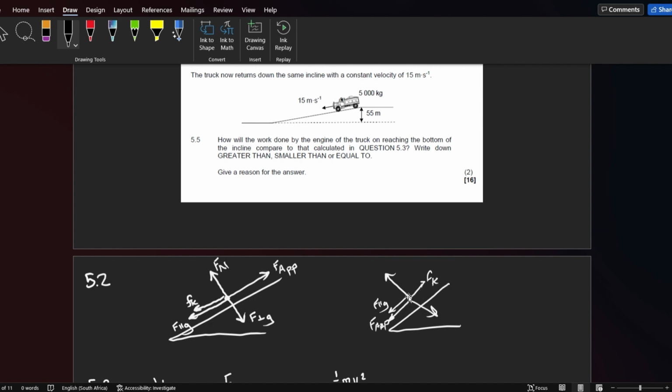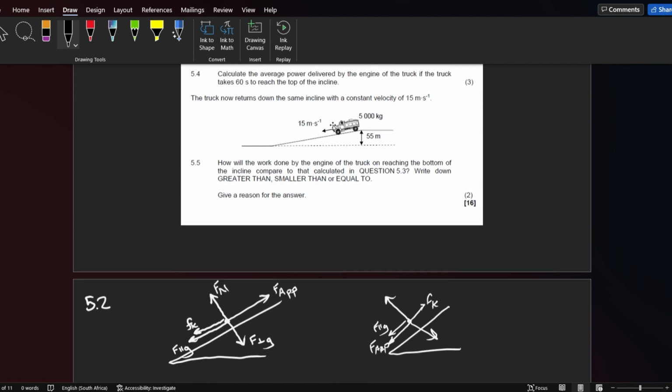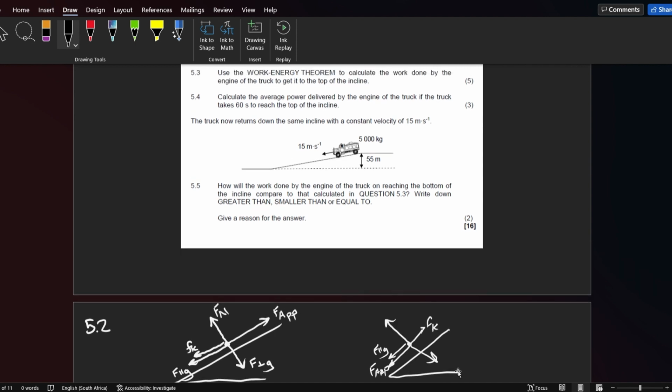Notice in this scenario, the applied force has a force working together with it, whereas here the applied force is working alone. So given the fact that the velocity is the same, the applied force in the second scenario will have to be smaller than the applied force in the first scenario because it's working together with the gravitational force.